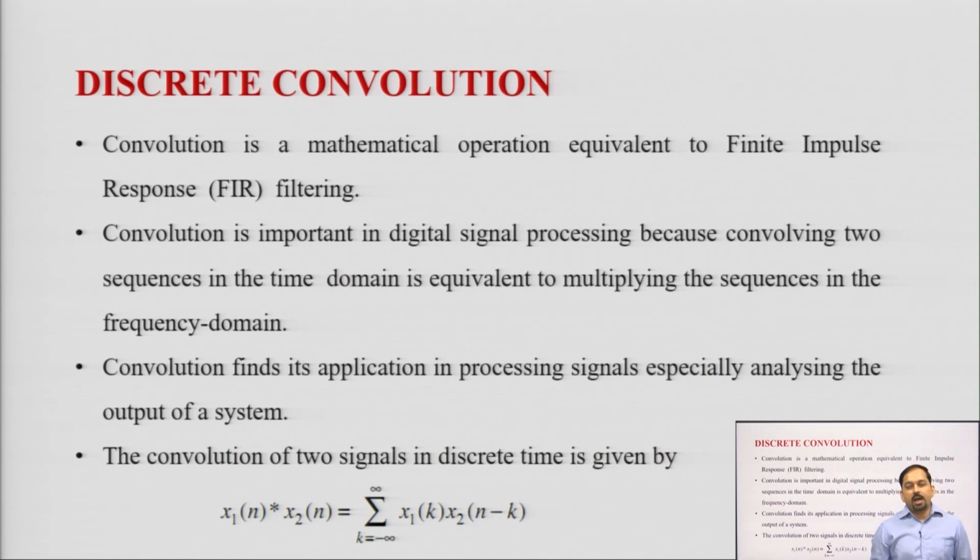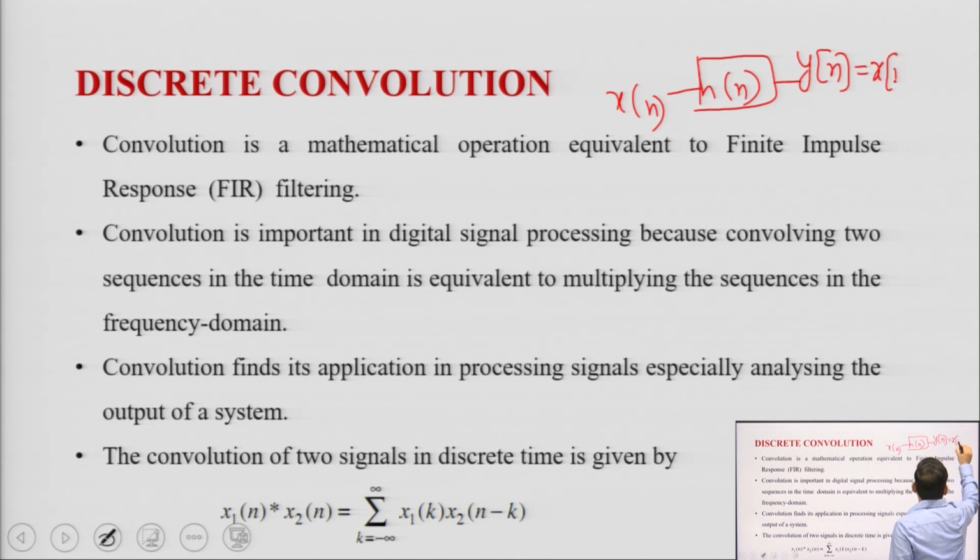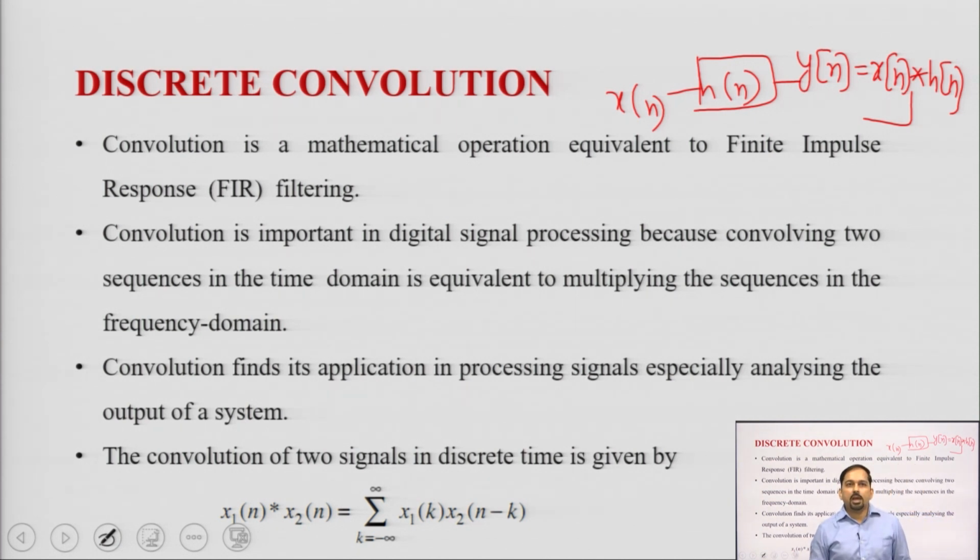In the last lecture we saw that if h[n] is the impulse response and x[n] is the input, then the output can be calculated as x[n] convolved with h[n]. So this is a convolution operator, and with its help we can calculate the output of the system.